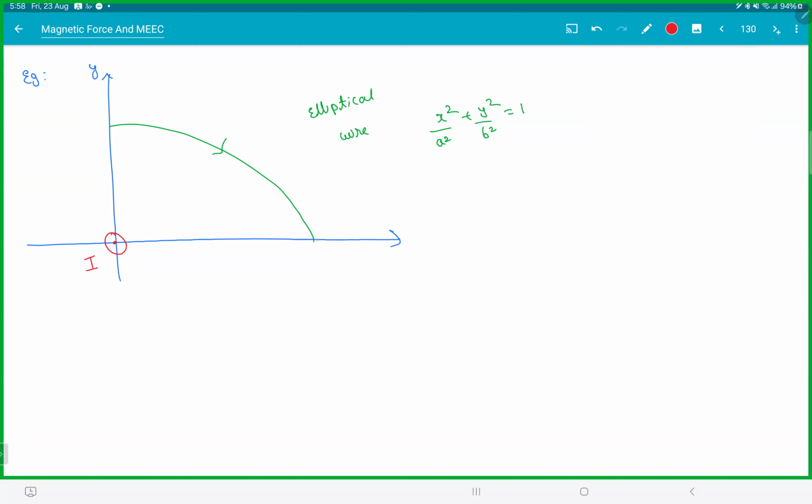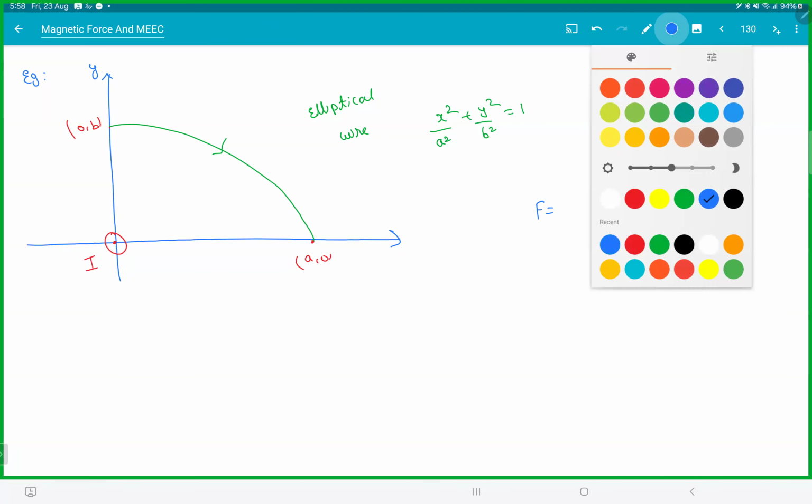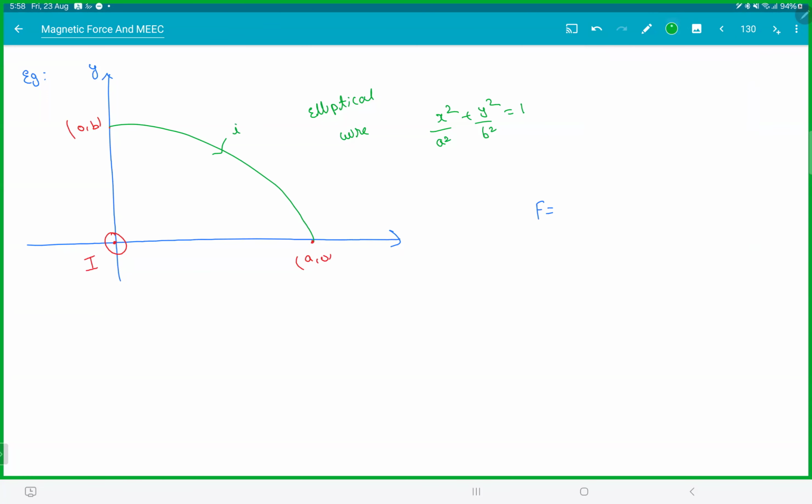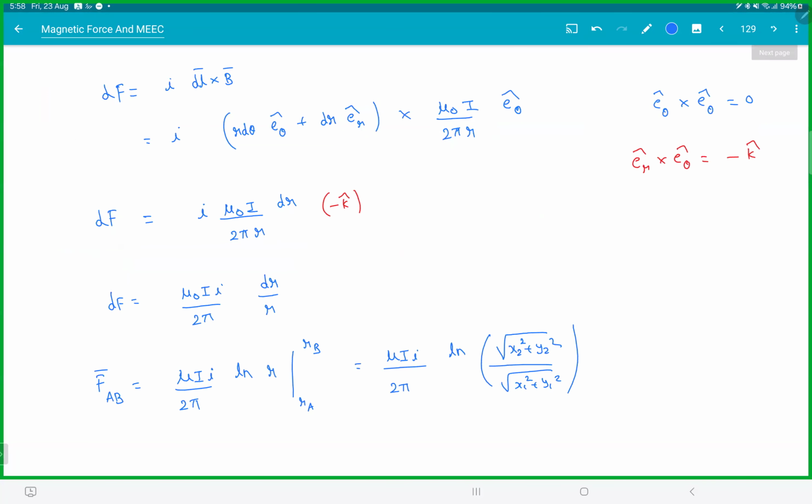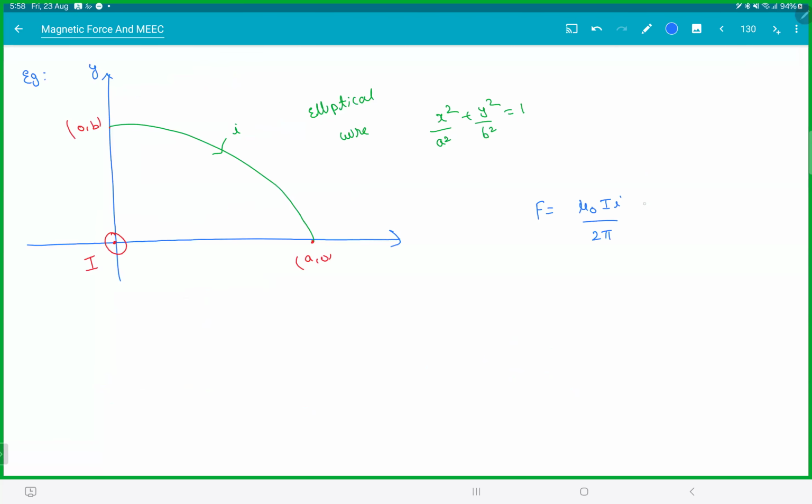If you look at the coordinates here, this point was (a, 0) and this one was (0, b). Now from the formula which we derived, force would be mu naught capital I small I by 2 pi ln of that length ratio, so a by b, whichever is bigger, and direction you can take from here.